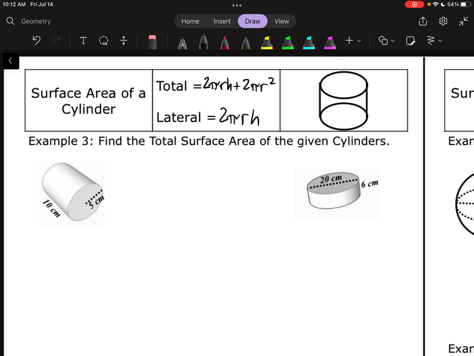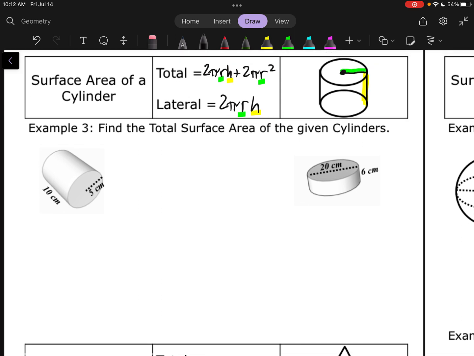So really, there's only two things you need to know for cylinders. You have to know your radius, which of course is the distance from the center of one of the circles out to the outer edge. And then you need to know your height. So only two things, pretty easy to do the cylinders.